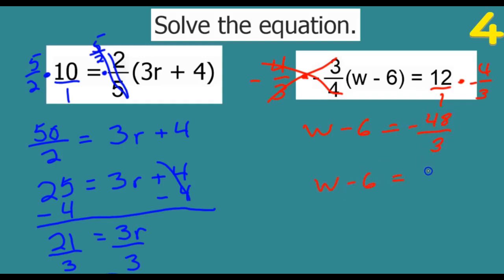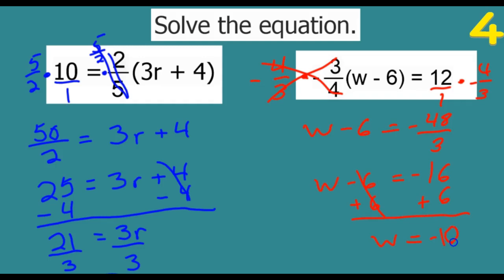Negative 48 divided by 3 gives us negative 16. We only have one step after this. Add 6 to both sides to get w by itself. Then w equals negative 16 plus 6, which is negative 10.